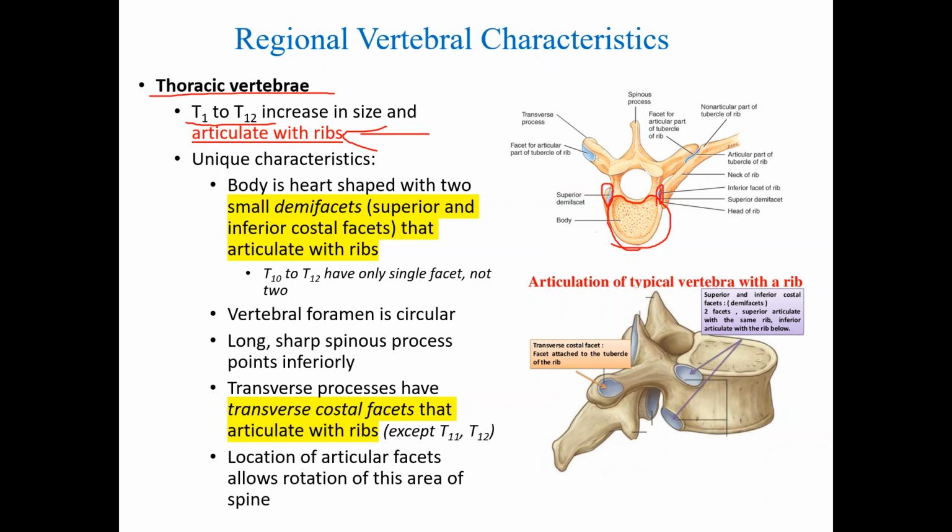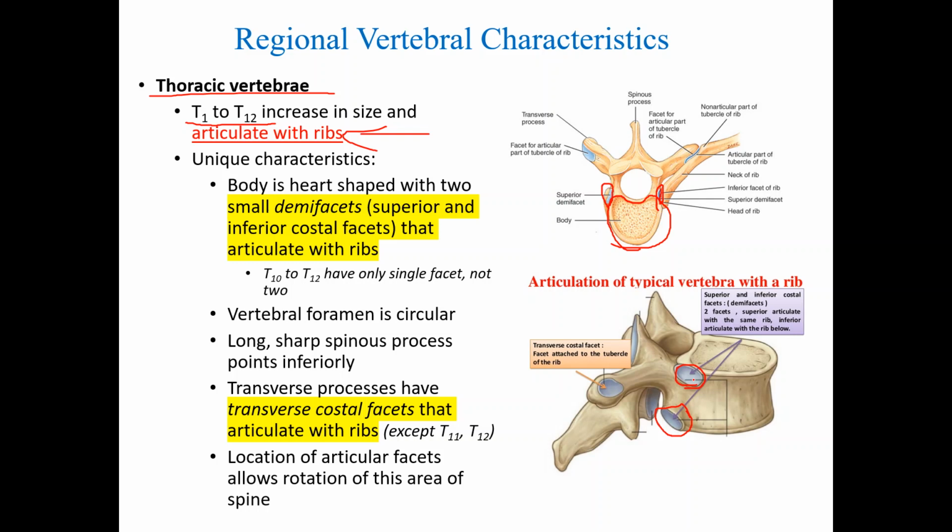They're called demifacets, and they're shown here a little bit better, also called costal facets, because they actually are facets that are important for articulation with ribs, okay? Costa is rib in Latin, okay? So that's why they're costal facets.